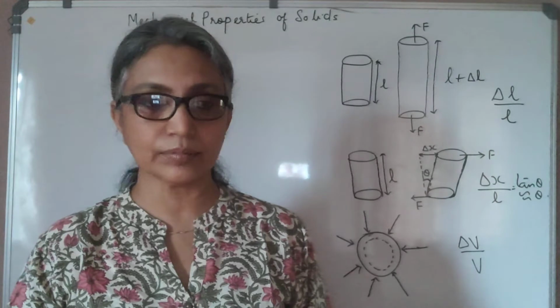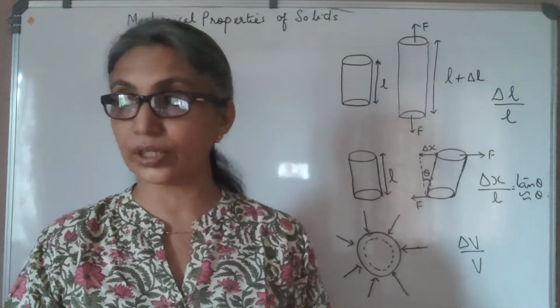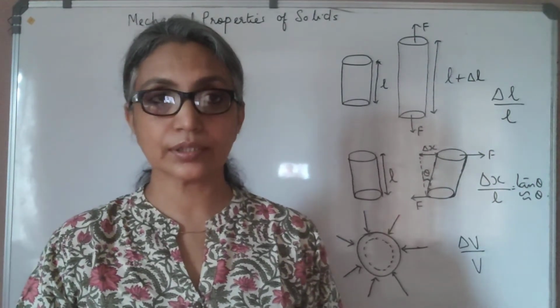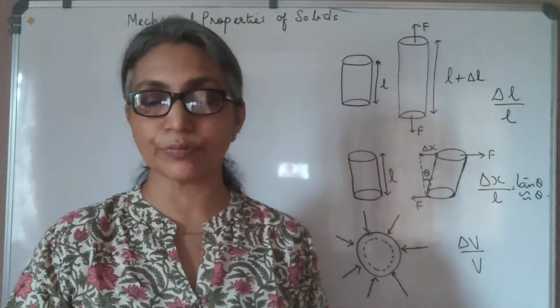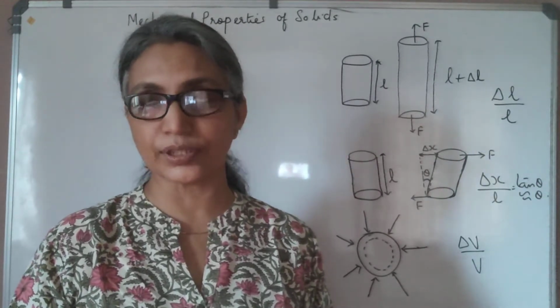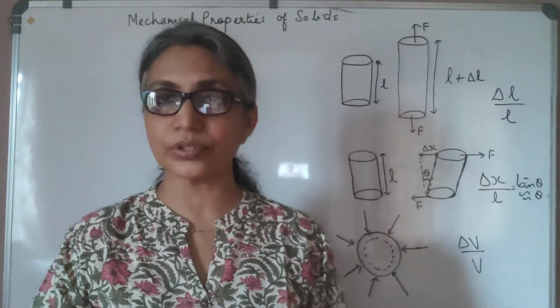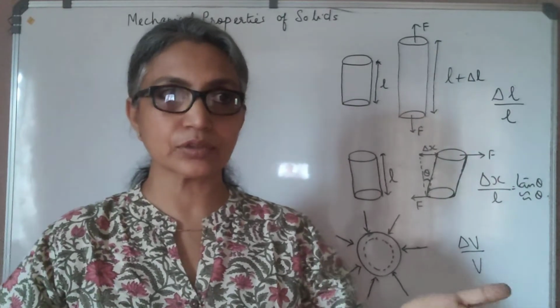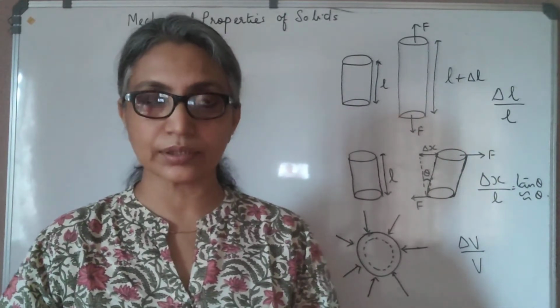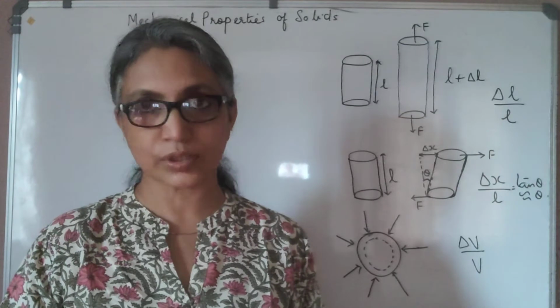Now, in design engineering, or if you're getting into construction, this knowledge of elastic behavior of materials plays a very important role. For example, suppose you're building a house, there's a heavy load that the concrete and the steel have to support.